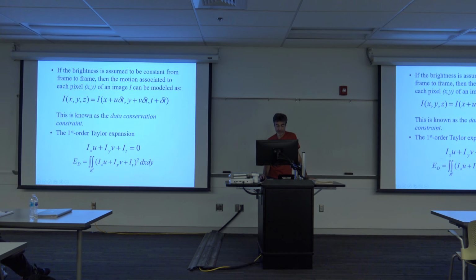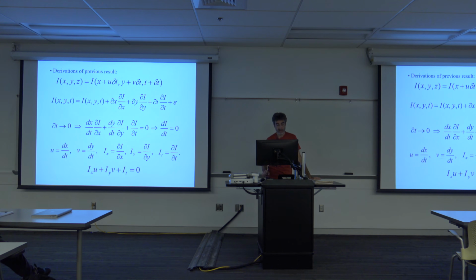Now this R region here defines the patch of the image where I am looking for the corresponding points, right? These are the derivations that we did on the board in our last lecture.